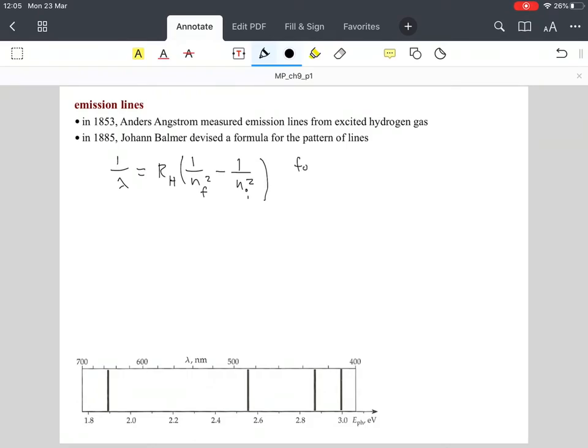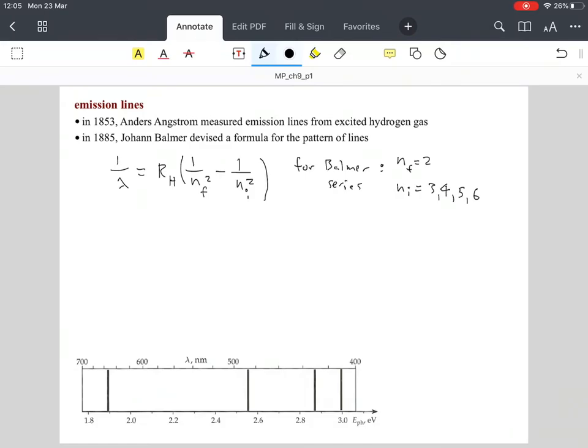And for the Balmer series, which are the 4 lines shown below from hydrogen, we get that nf is a fixed value of 2, and ni for these 4 emission lines is either 3, 4, 5, or 6.